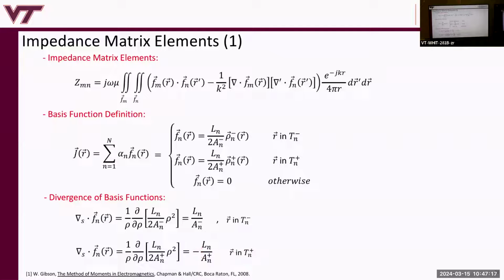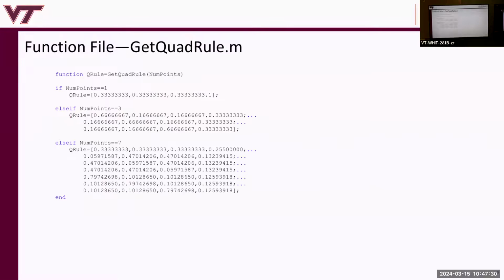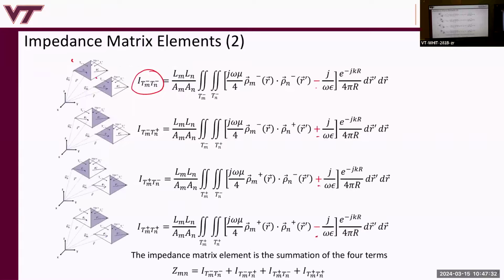So if they're both plus triangles, then these 2 negatives will cancel. If they're both minus triangles, then there is no minus sign. Only when they're different, a plus and a minus or a minus and a plus, do you pick up a minus sign. So if you look at these formulas, there are 2 plus signs only when these are different. When they're the same, there's a minus sign because we absorbed a minus from somewhere else. So be cognizant of that. It's very important that you consider that.